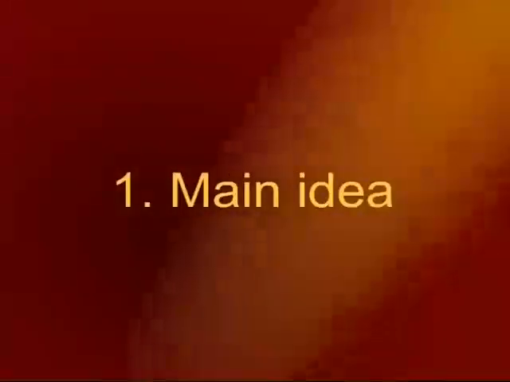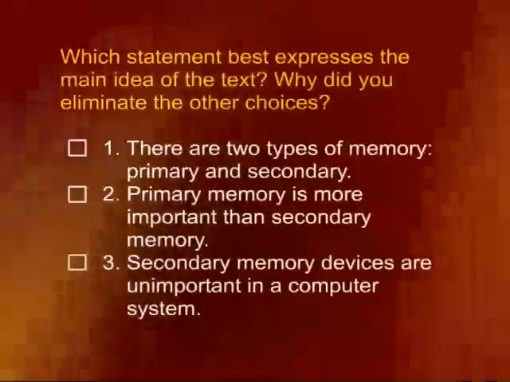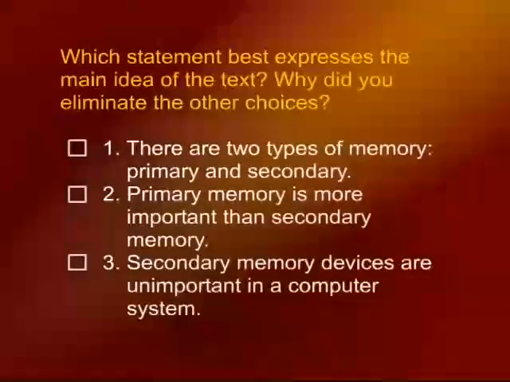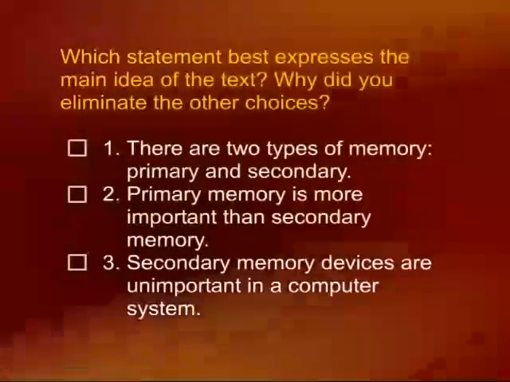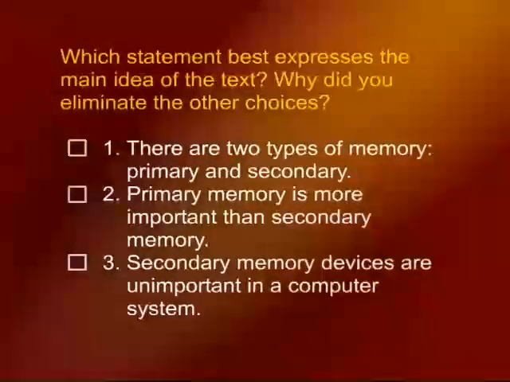Now, to test your reading comprehension, 3 statements are given to you. Which statement of the 3 best expresses the main idea of the text? After you've done that, you must state why you eliminated the other choices.